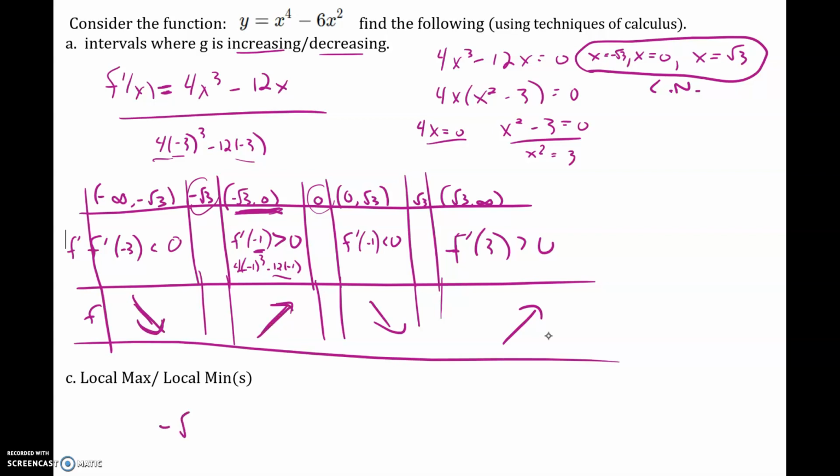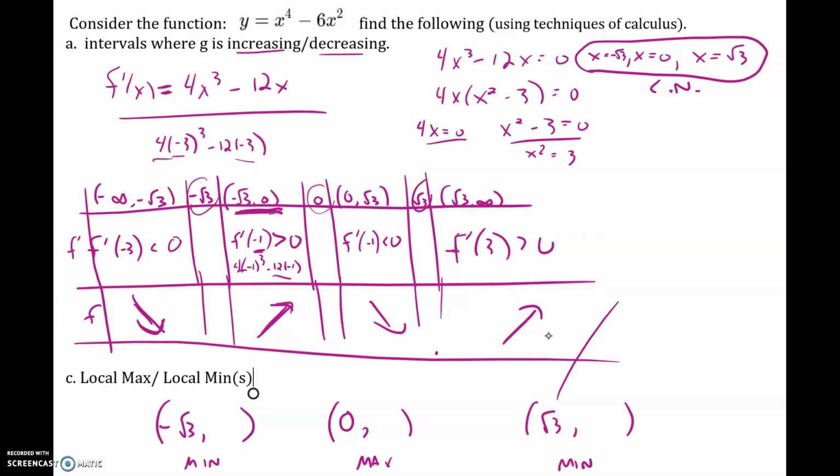At negative root 3, we're going to find that y value. I have a min. And then it goes up to 0, and I have a local max. And then it's going to decrease and bottom out again when x is root 3, and I'll have another local min.